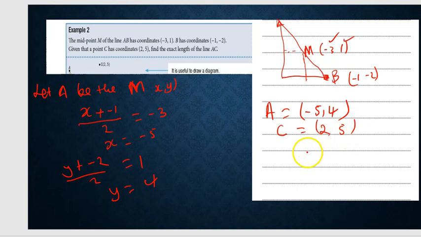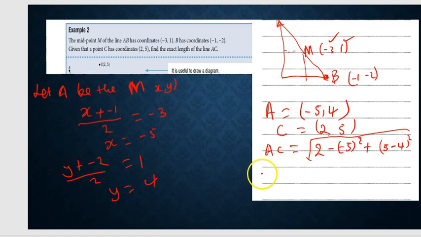So the length of this line will be the square root of that. So length AC will be 2 minus negative 5 squared, plus 5 minus 4 squared. So all this under the square root, right?